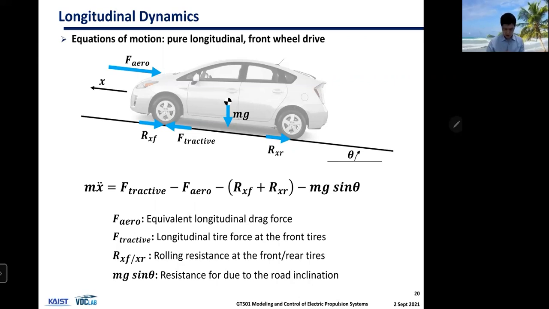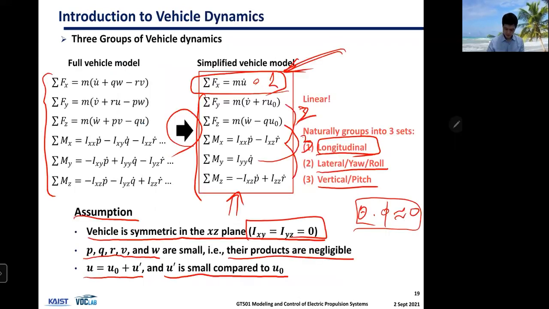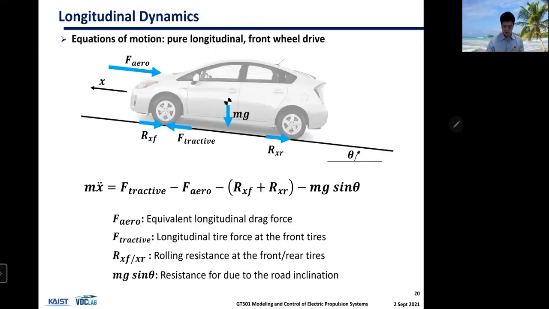So again, equations of motion. So F equals ma. Forward direction, and there are multiple forces acting on the body.